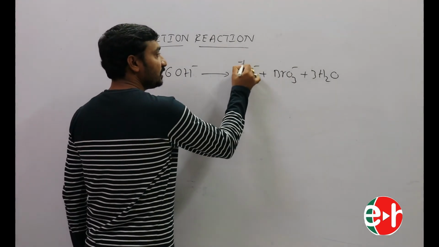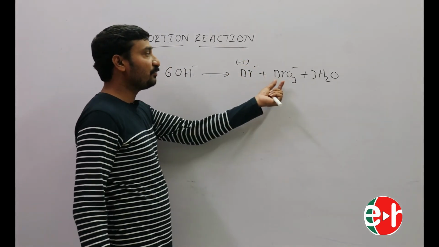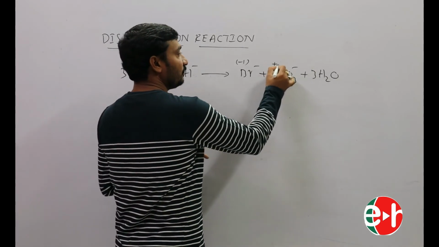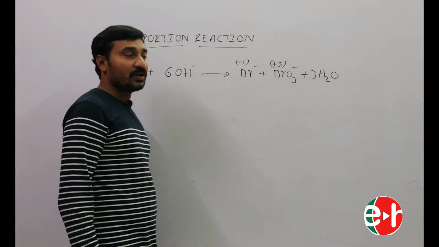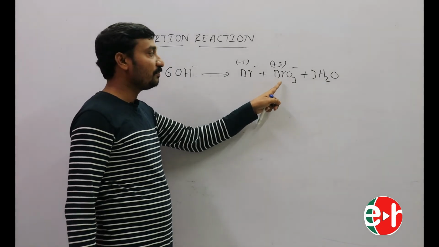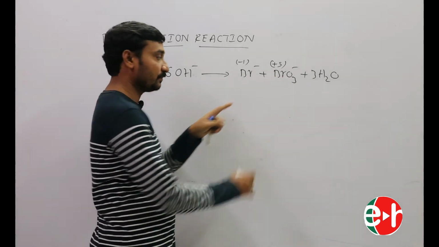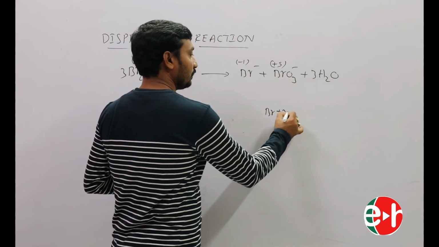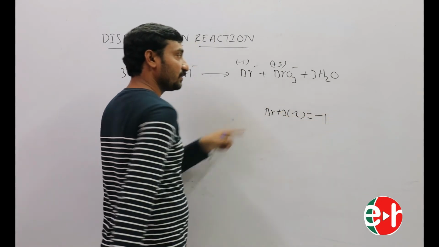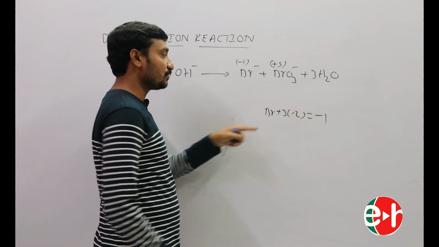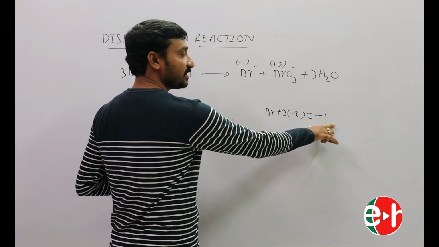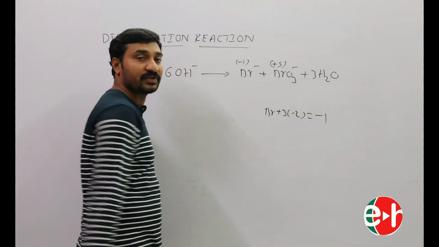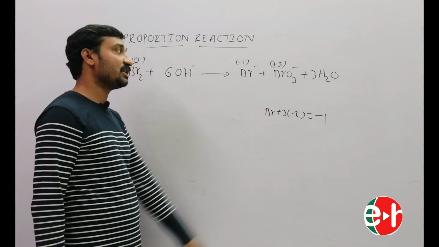Here bromine oxidation state -1. Here bromine oxidation state +5. How we get +5? Bromine plus 3 into -2 is equal to -1, charge -1. So bromine -6, send right side +6, +6 -1 is +5. Okay, bromine oxidation state +5.